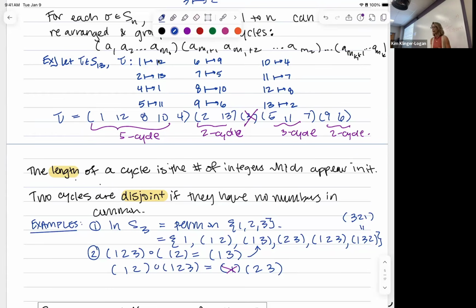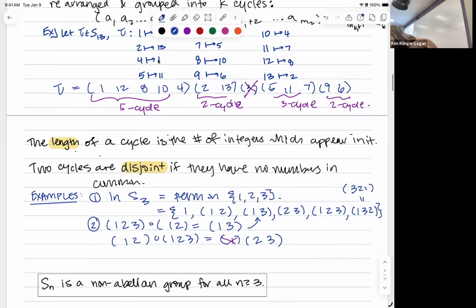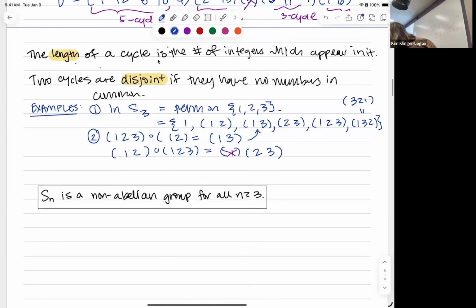Can we deduce anything about the group from this example number 2? It's not abelian. Very good. Ooh, look at this. S3 at least is non-abelian, and in fact, Sn for any number n is non-abelian.